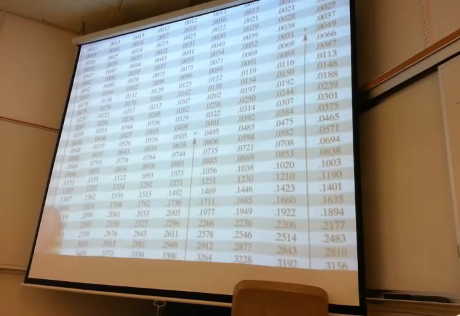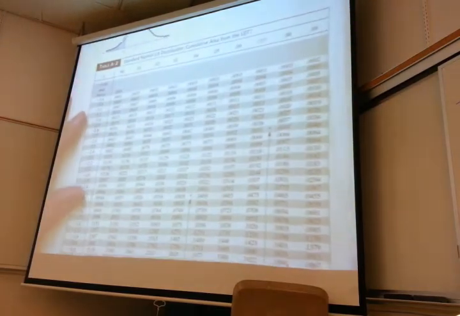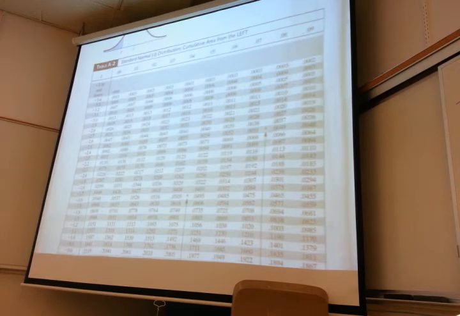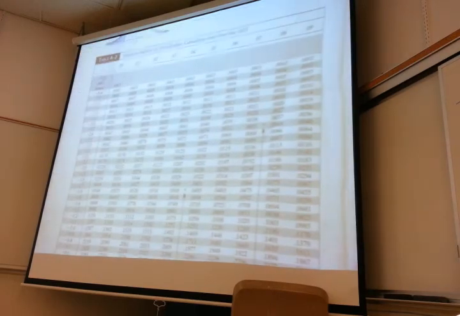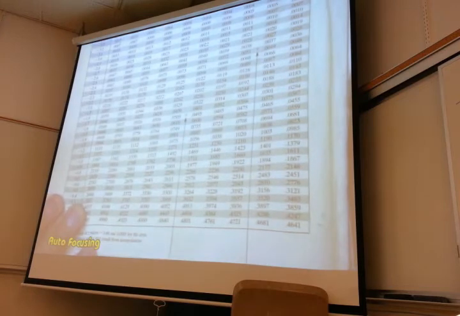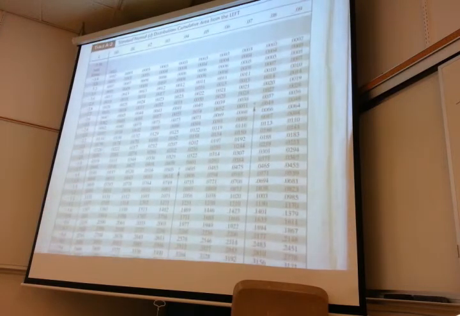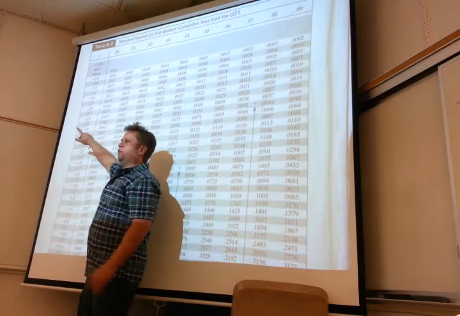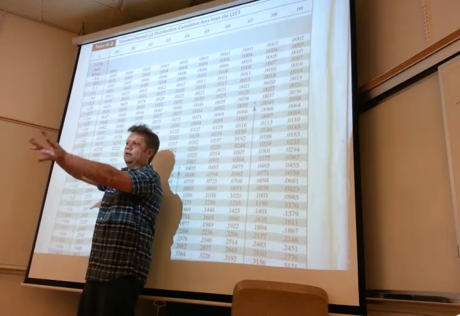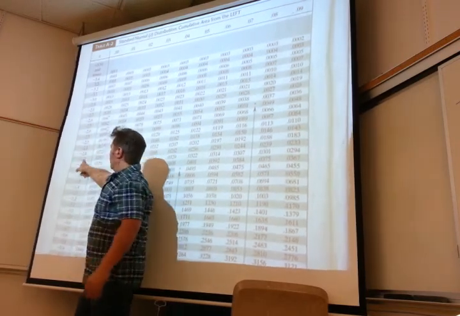So let's see how to read this thing. Just learning how to read a map. If I wanted a z-score of negative 1.93, because I'm on the negatives, negative 1.93.